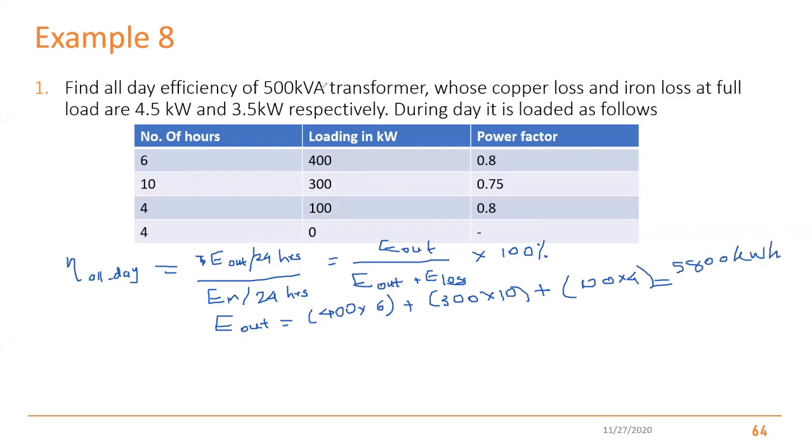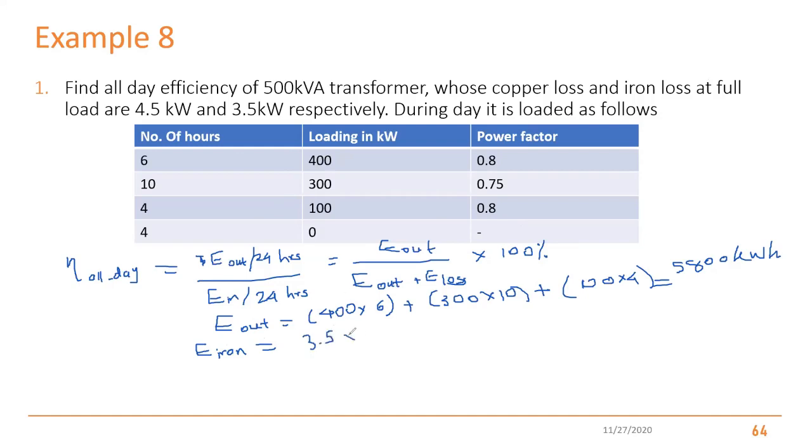Okay, so the copper losses and iron losses at full load are given. Regardless of the load condition, the iron loss remains the same. Therefore I can calculate the iron loss. So 3.5 kilowatt, that is for 1 hour.